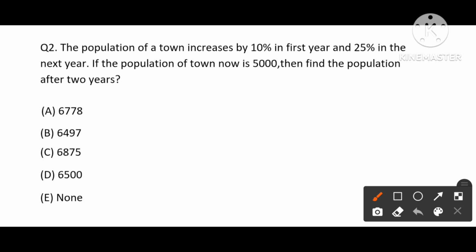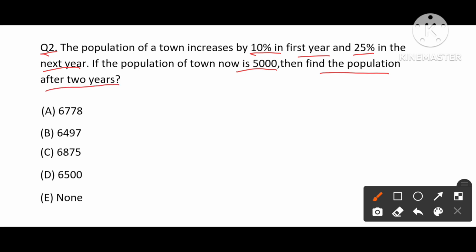Now we are going to see question number 2. In question number 2 it says that the population of the town increases by 10% in the first year and 25% in the next year. If the population of the town now is 5000, then find the population after 2 years.